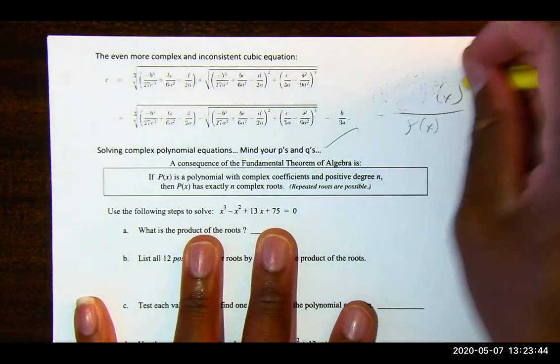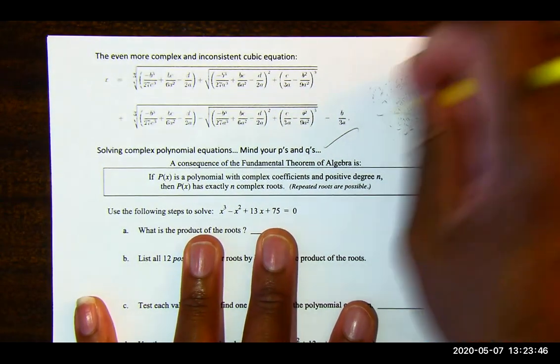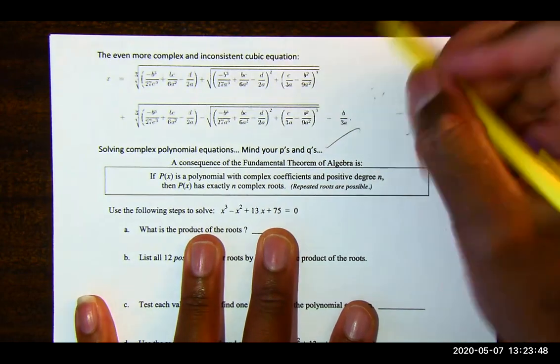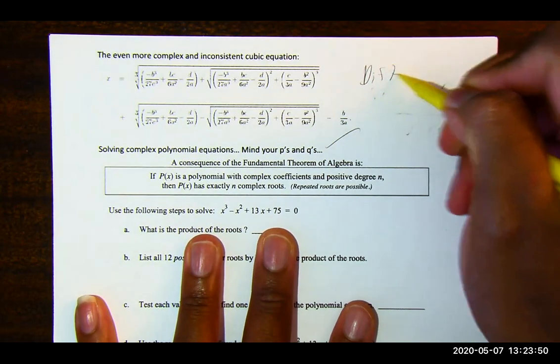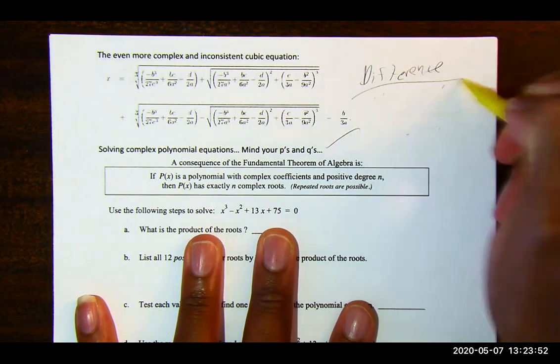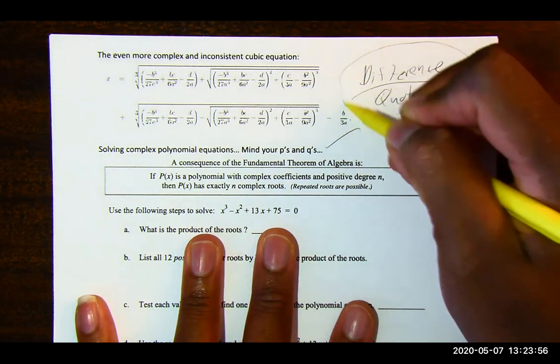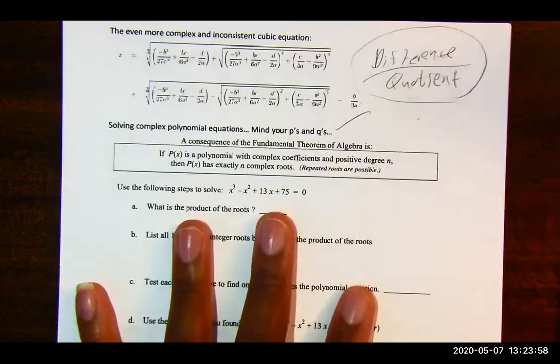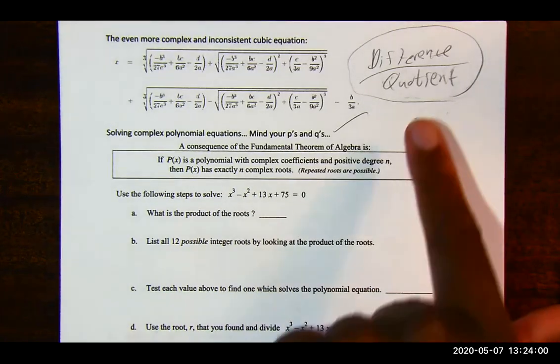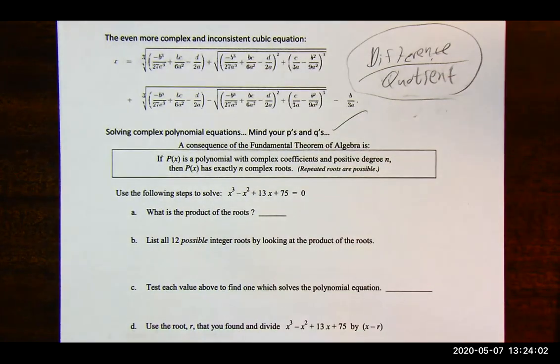I don't want to embarrass myself and probably write it wrong, but if you're curious, those taking calculus, look up the difference quotient. If I had more time, I would have included a difference quotient I did last year, but you're going to be doing that in calculus.